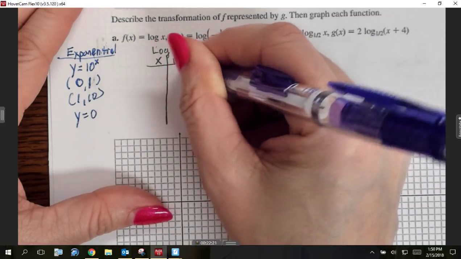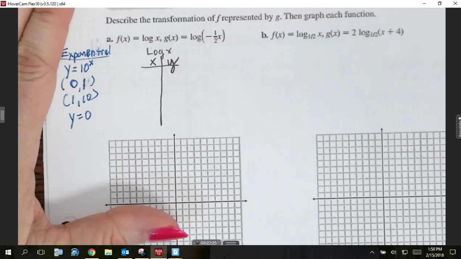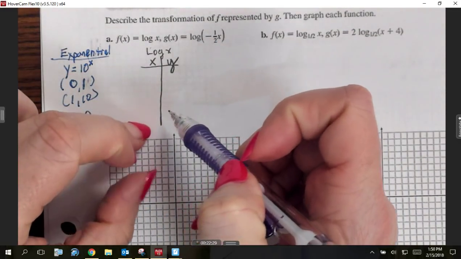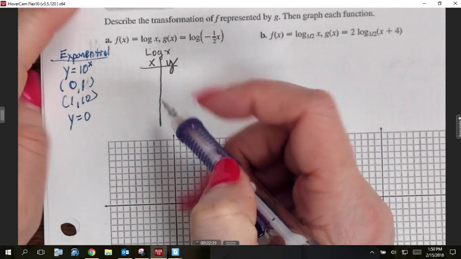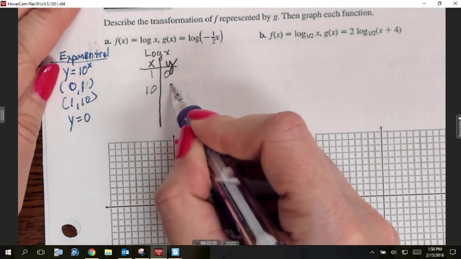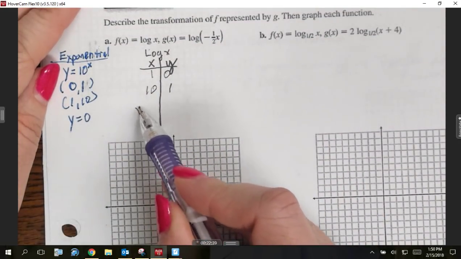But we're not graphing exponential. We're graphing log. So how do I make exponential into log? Switch x and y. So I've written them down, just switch them: 1, 0, 10, 1, and then instead of y equals 0, x equals 0.